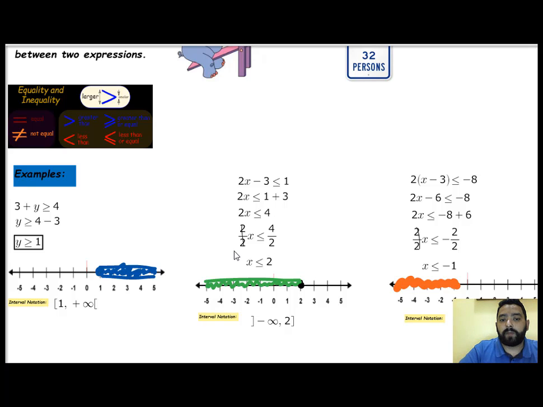So we divide by 2 on both sides, and 2 divided by 2 is 1, and 4 divided by 2 is 2. So now we take values up to 2, and it's going to be closed because we have the equal sign, the line, which means you have to include the solution, and we take values from negative infinity until positive 2. So we have negative infinity, comma, positive 2, closed.